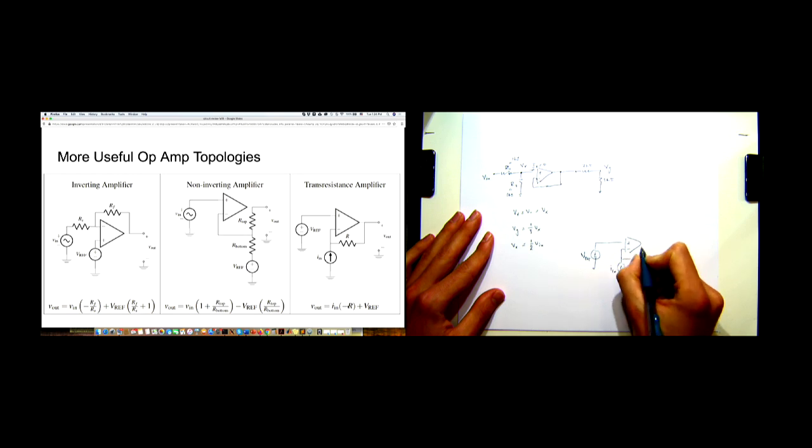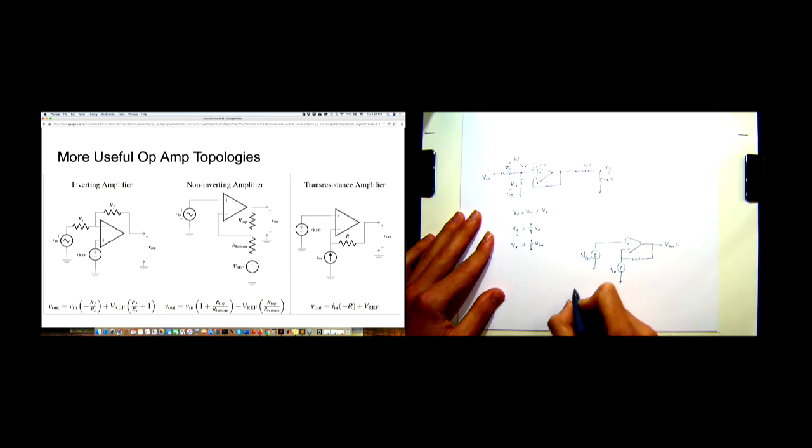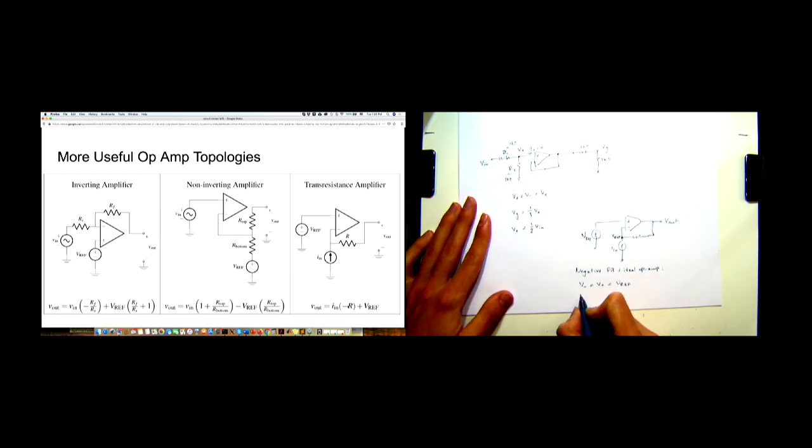And this is your R. Since you have negative feedback and ideal op-amp, you will have that V minus is equal to V plus is equal to Vref. So this terminal here is at Vref. Also, I minus equals 0.